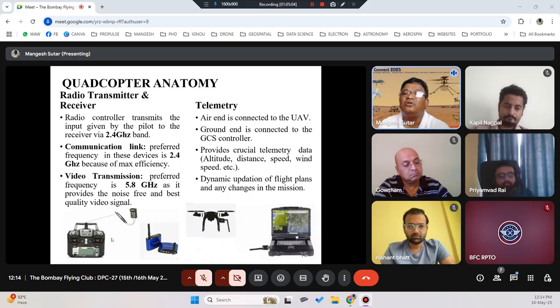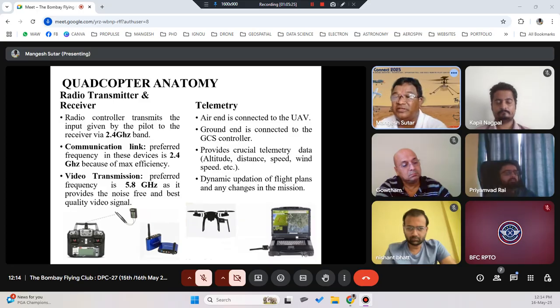These are used basically for playing games, simulators, or flying your aero models, aeroplane models, for that purpose only. Their range is also limited, probably a maximum of 5 kilometers, whereas my remote control might have a range of 10 to 20 kilometers. So they are very high-end remote controls.